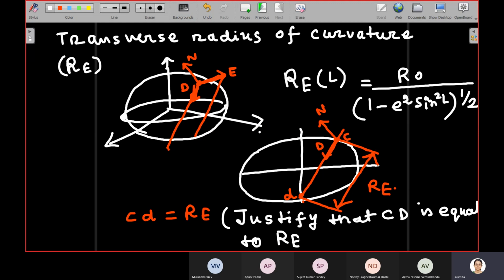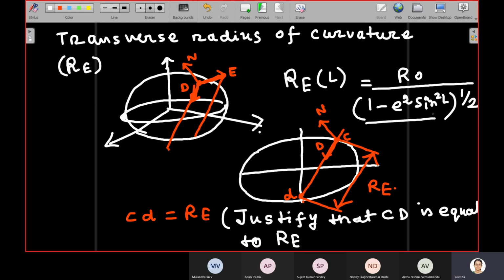Now an easy way to show this is to find geometrically the length of CD and show that it is equal to this one, and then from there you can conclude that it is equal to RE, but I am not looking for that explanation, okay?